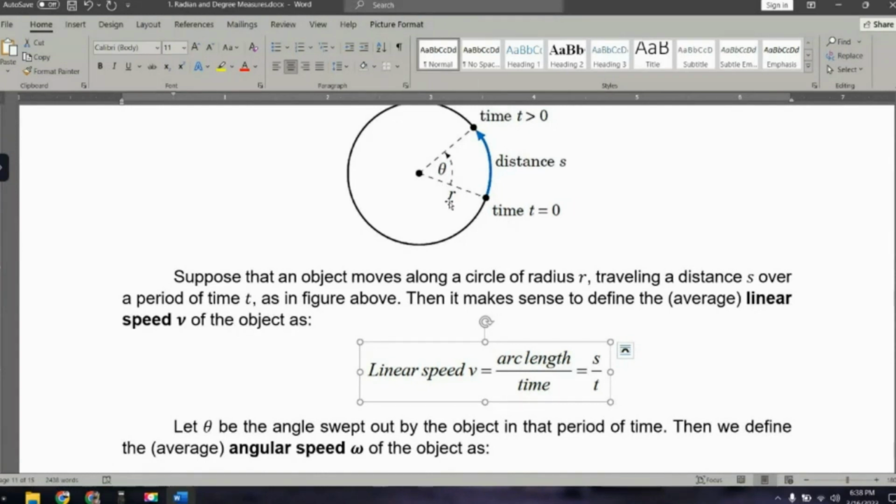Yung linear speed natin, kung gaano kabilis natin tatakbuhin from our starting point here to our end point here. This is the arc length s and the time t here. Okay, that is how we determine the linear speed of an object.